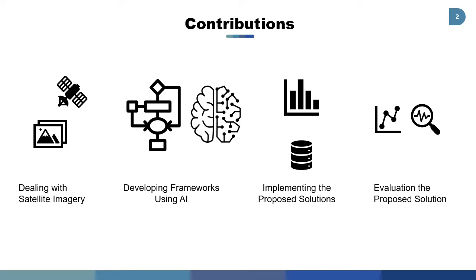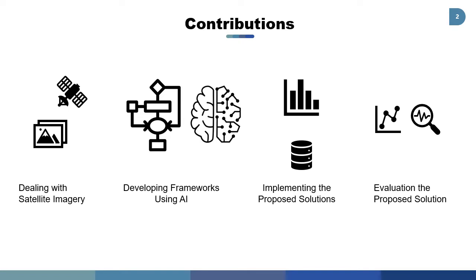Before I go in depth in our work, I would like to highlight this paper's contributions in order to allow you to follow what we are going to achieve. At first, the first contribution is how to deal with satellite imagery.